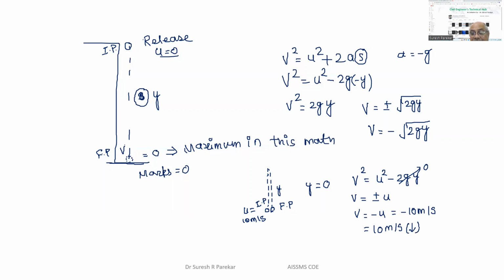So we should be careful with this. Once I am through with these sign conventions related to motion, I can solve problems very easily.